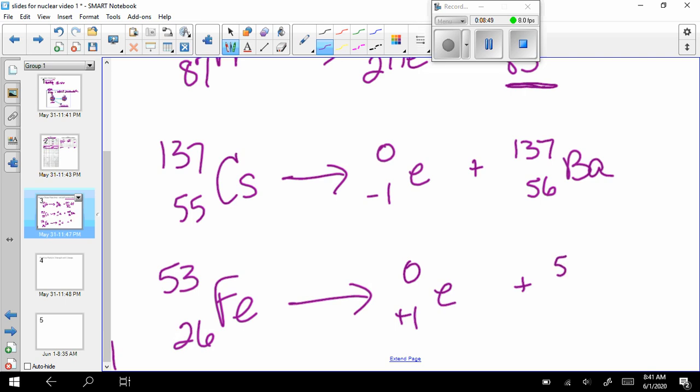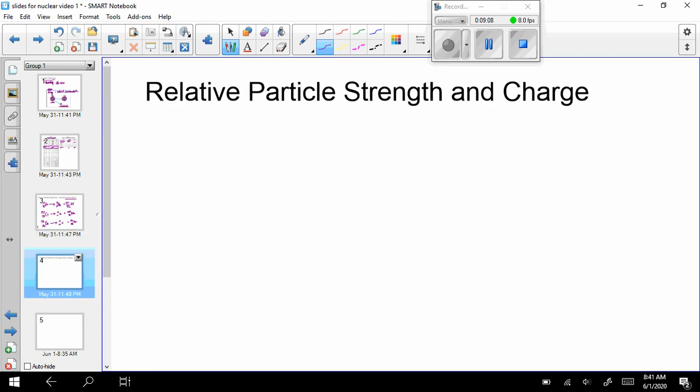So this is 0, so this would still be 53. And 25 plus 1 would give me 26. So element 25, it changed to manganese. There we go. So that's how you do the natural transmutation reactions. It's how you write the decay reactions. And remember, you're just showing how it falls apart. How does the nucleus change into a different element?